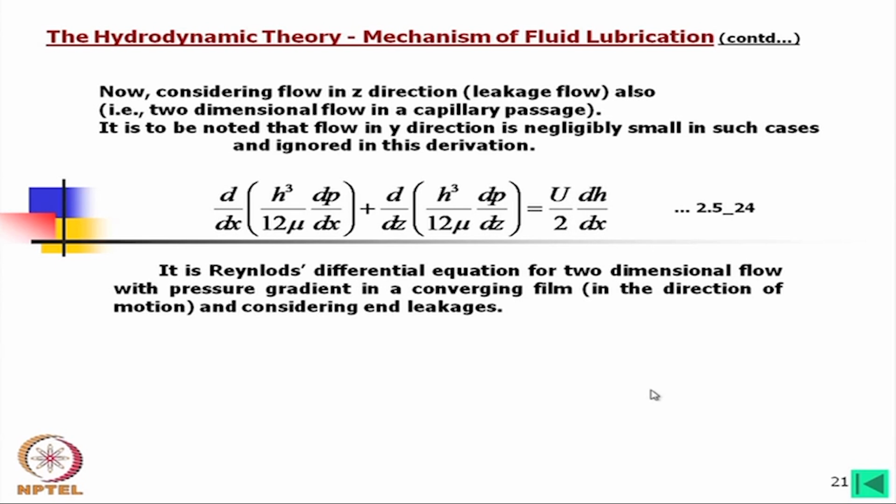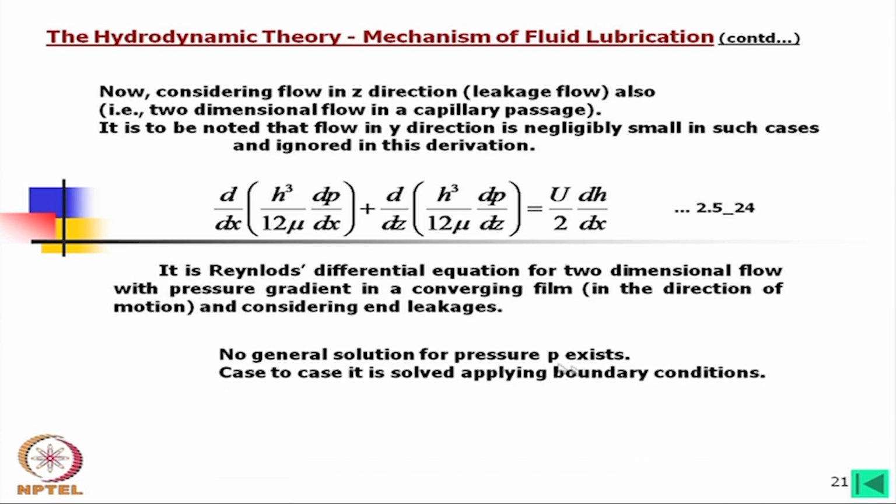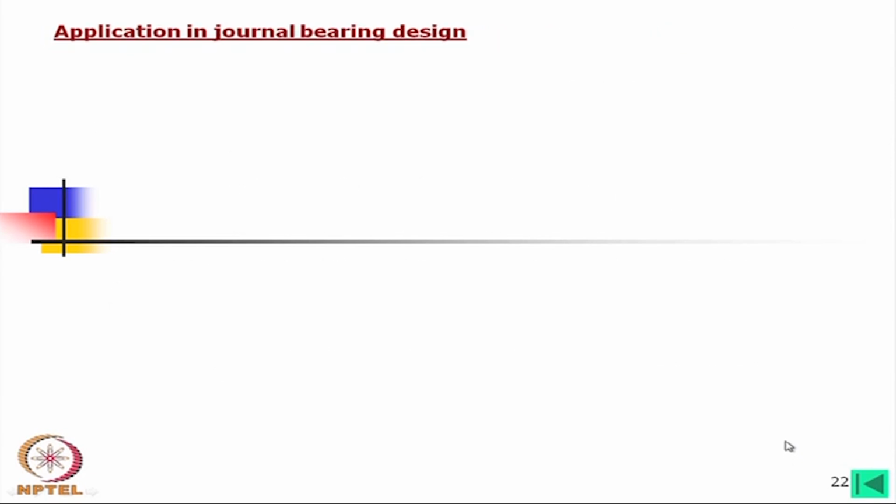It is the Reynolds differential equation for two dimensional flow with pressure gradient in a converging film in the direction of motion and considering end leakages. No general solution for p exists. Case to case it is solved applying boundary conditions.